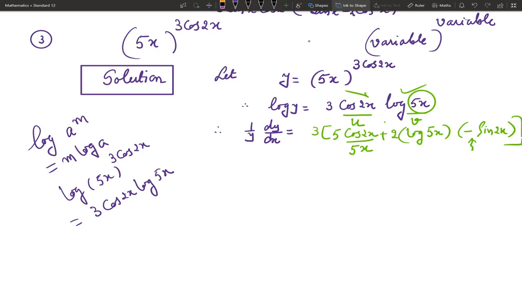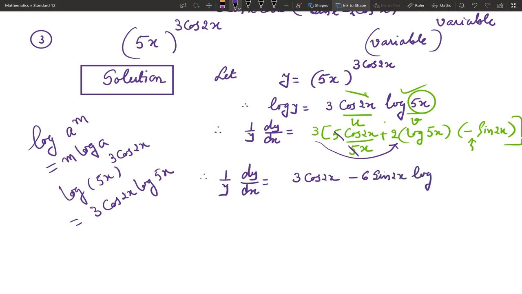Therefore 1 upon y dy by dx, here 3 cos 2x, 3 2s are 6, so minus 6 sin 2x into log 5x.